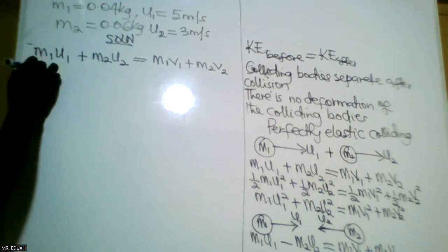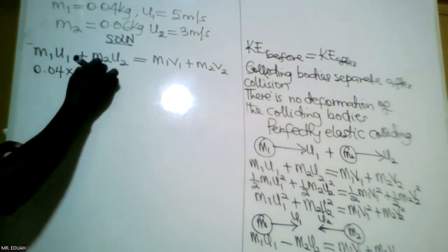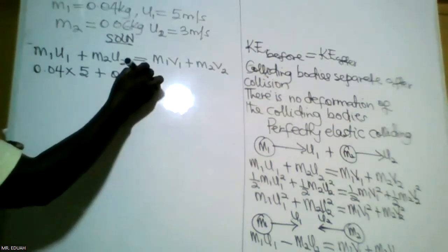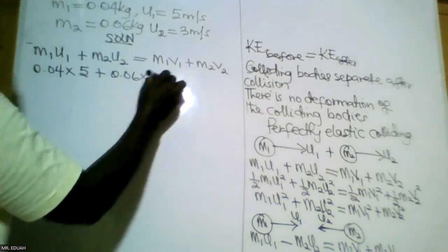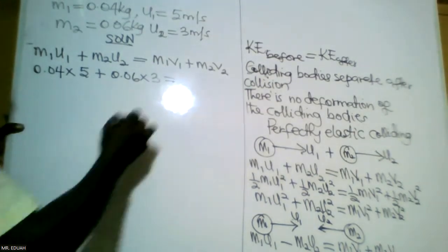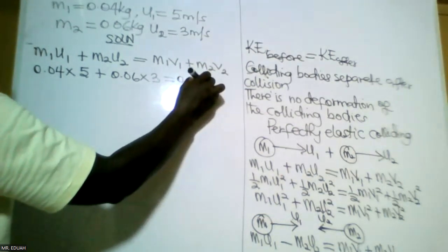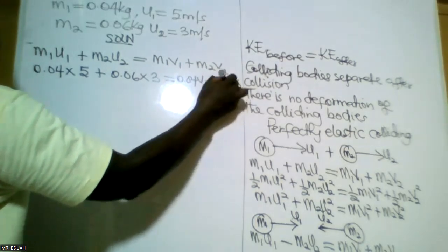So 0.04 times 5 plus 0.06 times 3 is equal to, there's no change in the mass, so still 0.04 V1 plus 0.06 V2.